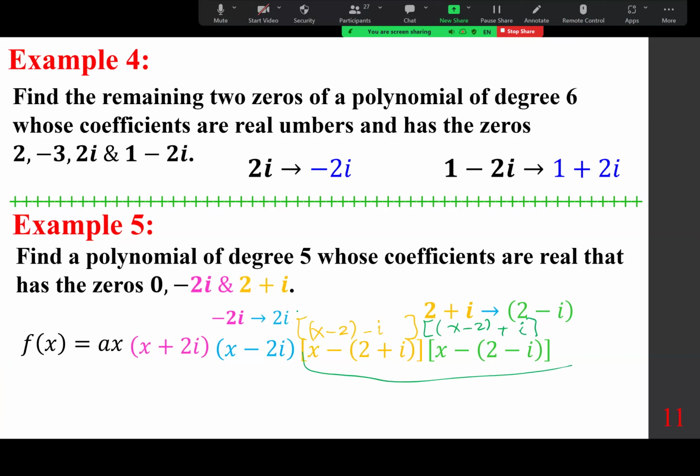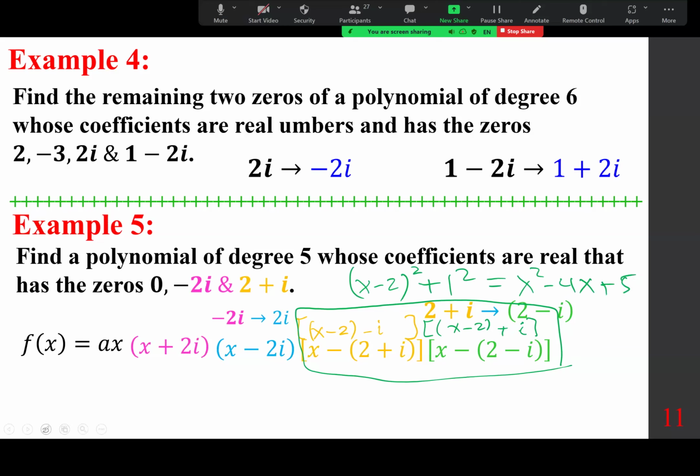And just this part becomes x minus 2 when you do the product squared plus 1 squared. And that's actually x squared minus 4x plus 4 and 1 is plus 5.